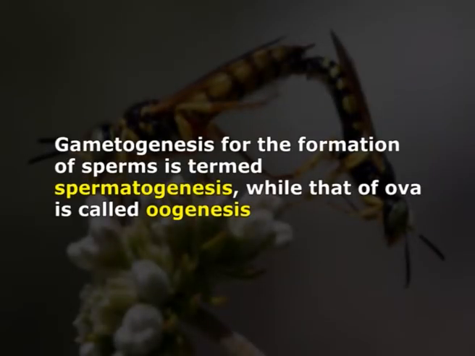Meiosis forms the most significant part of the process of gametogenesis. Gametogenesis for the formation of the sperms is termed as spermatogenesis, while that of the ova is called oogenesis.